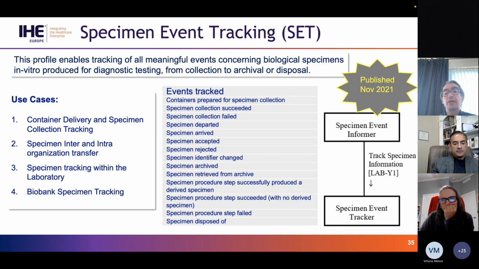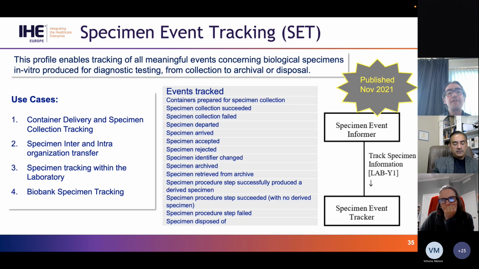So the transaction is only one. It's the LAB-40, and the actors are simply the specimen event informer, which is the actor that is linked to the actors coming from other profiles. We can say that it generates the event.